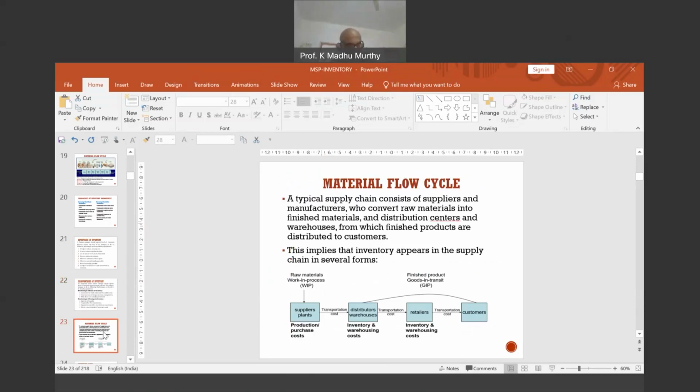And as we see, it also depends upon the channels of distribution that we have. We have different types of costs that would also be associated.